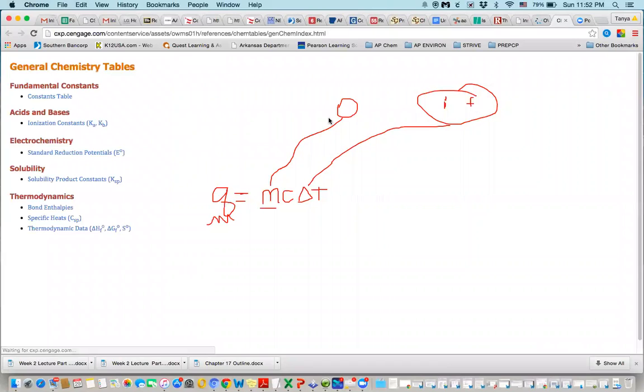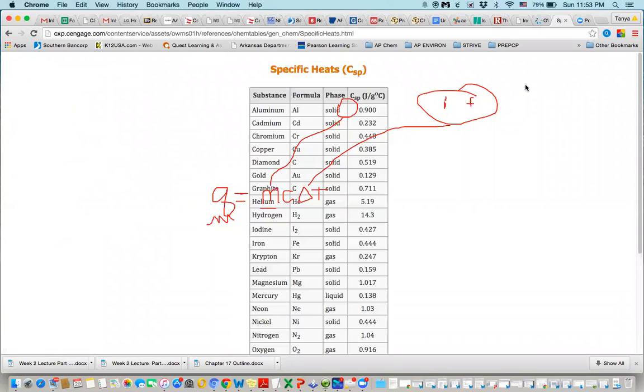And that opens up a new tab for us. And over here we have some constants. Later you'll learn about acids and bases, electrochemistry, and then right down here we have specific heats under thermodynamics. So that's what we need. And we need helium. So we look up helium and notice it is 5.19.